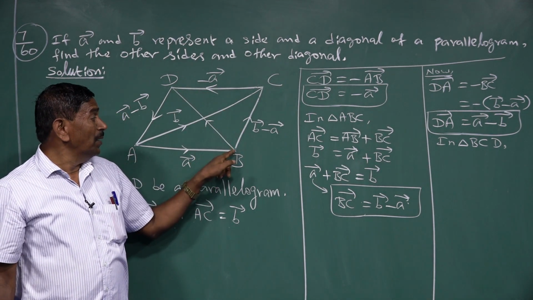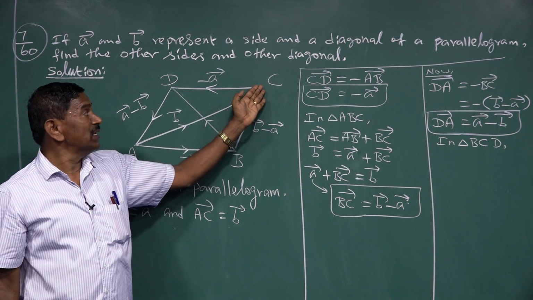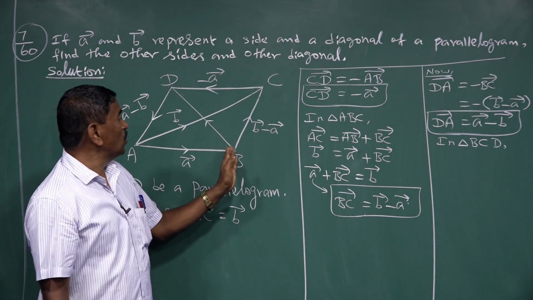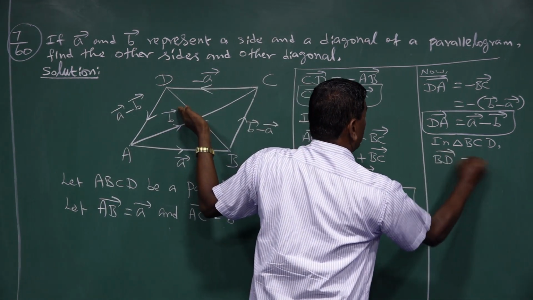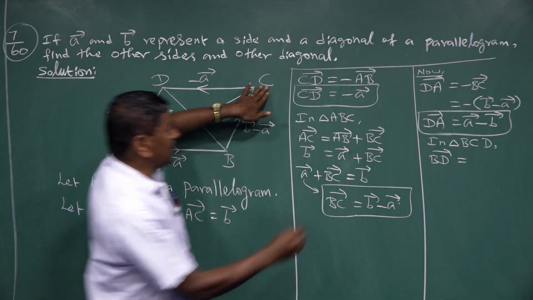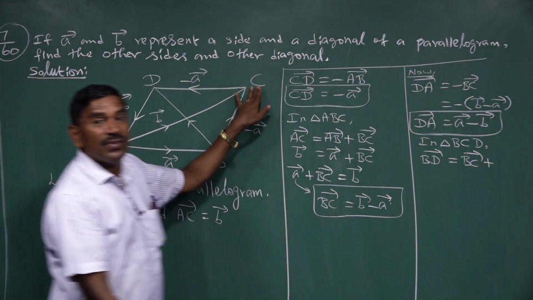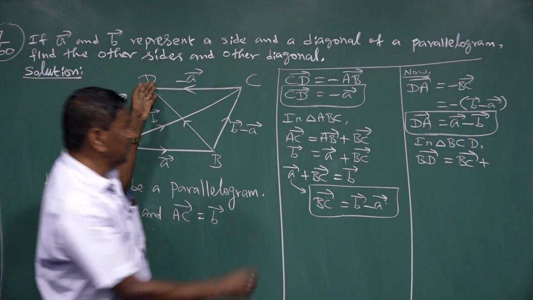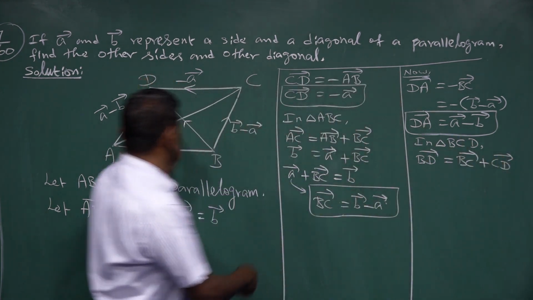Yes. BD vector is equal to BC vector plus CD vector. Listen, the diagram itself gives the answer.